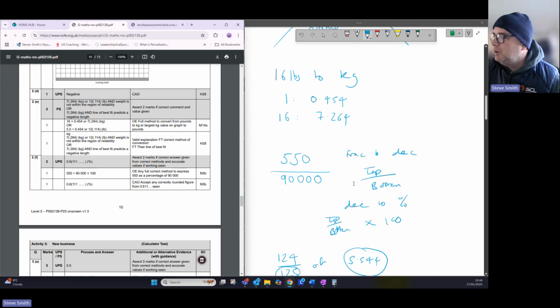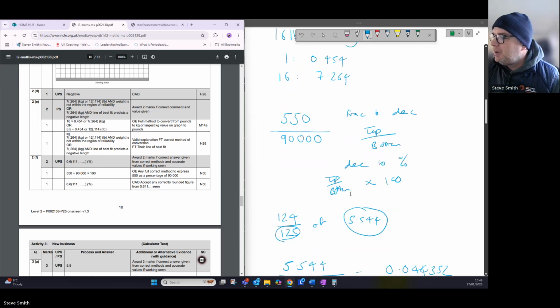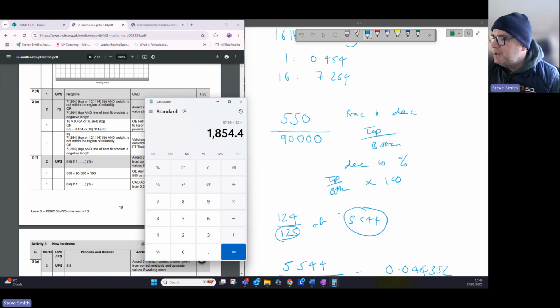I've got it here, look, 2F, not remembering one. Let me just work that out on a calculator because maybe that's the next question. So look, 550 divided by 90,000, times by 100. Okay, I would have written that in. Yeah, because that's the next question. That's 124.